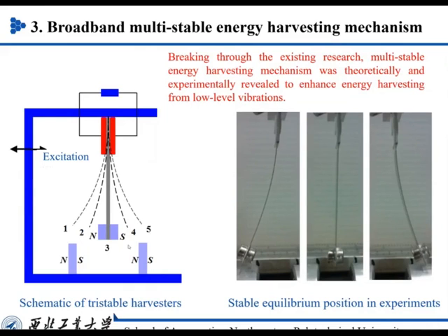That means we cannot realize them in experiment or physically. In experiments, we found the stable equilibrium positions, that means 1, 3, 5. These are the three pictures on the right side.